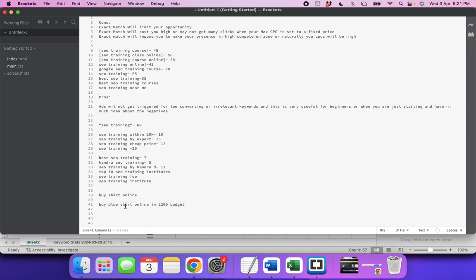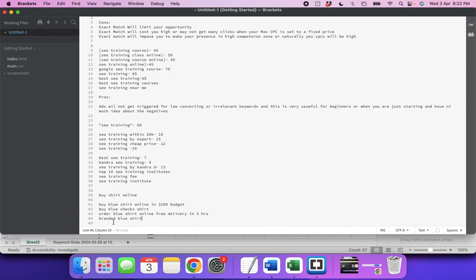And definitely you cannot think of such keywords and put them in your AdWords account, in the keyword feed. So what you will do, you will simply bid on terms regarding shirts. Let's assume you all have to buy blue shirts. How will you search? Buy blue checks shirt. Somebody might search order blue shirt online, free delivery in 2 hours, 3 hours.